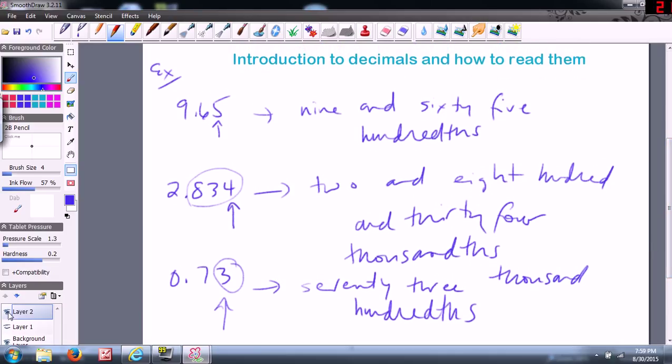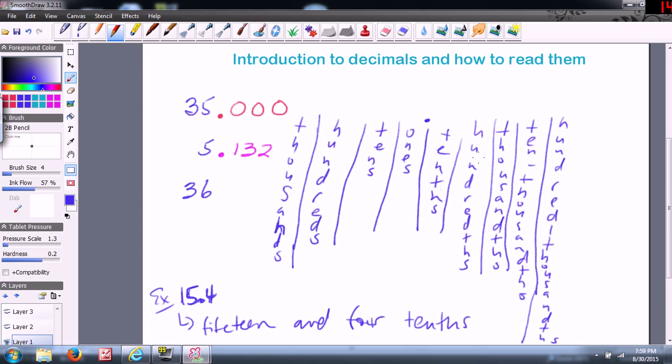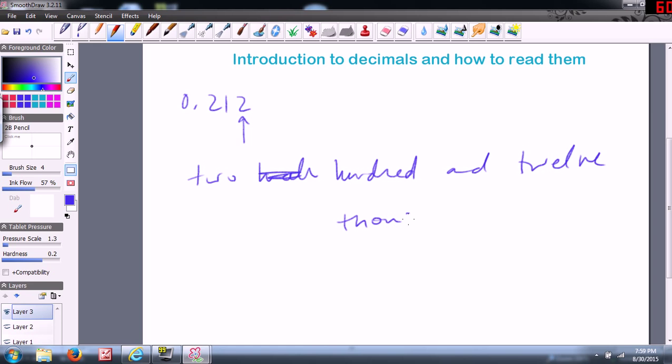Okay, we can try a few more examples. So if we have this number, again looking at the final digit, if we look here, it's going to be the thousandths place because it falls into the third part. So this would be read as 212 thousandths with a TH.